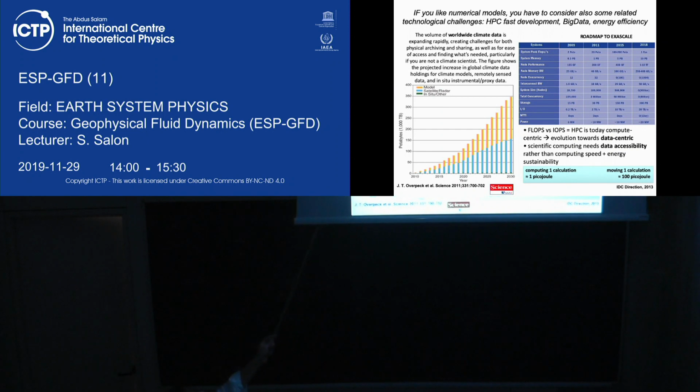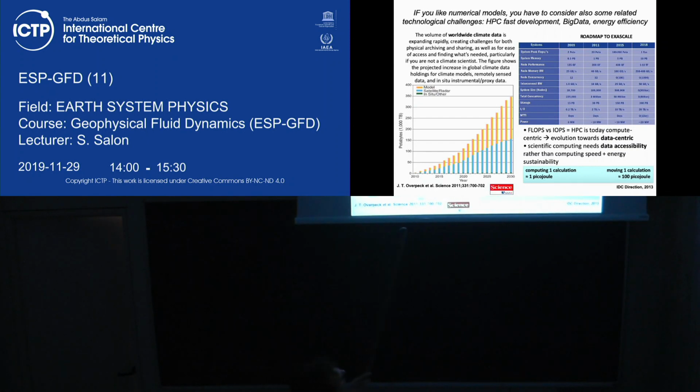Well, it's very interesting because it says that the volume of the worldwide climate data is expanding rapidly, creating challenges for both physical archiving and sharing. So the first problem is where to put all this data, but also ease of access. How can I access this data and find what's needed? From all this huge quantity of data, can I find what I'm interested in?